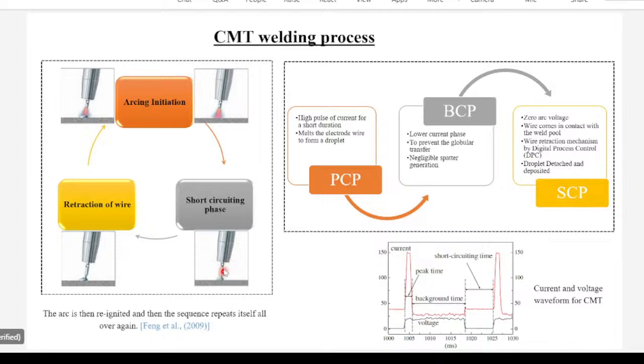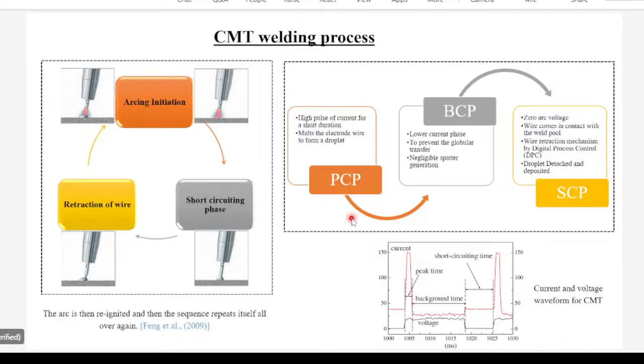Whenever the wire just touches the melt pool, it gives the signal to DPC, and DPC retracts the wire with a wire buffer. As I told in the previous slide, the wire buffer has the role of oscillating the wire. So DPC is the main brain behind this welding process.